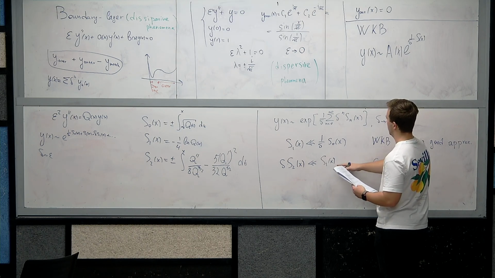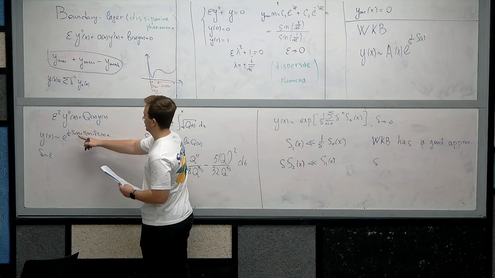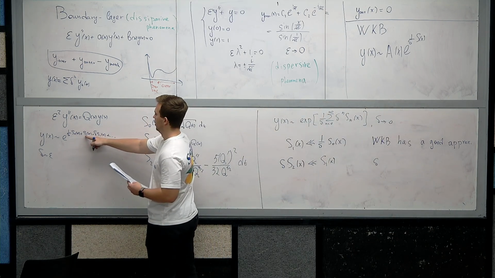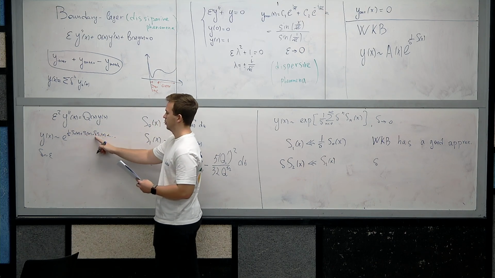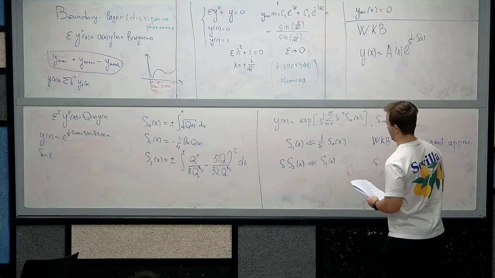For example, if we take the first two terms, 1 over delta S naught plus S1, we need to check if the next term is small relative to 1.